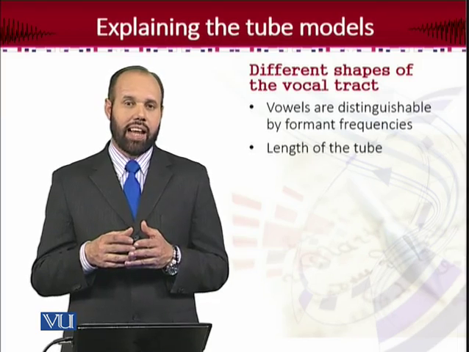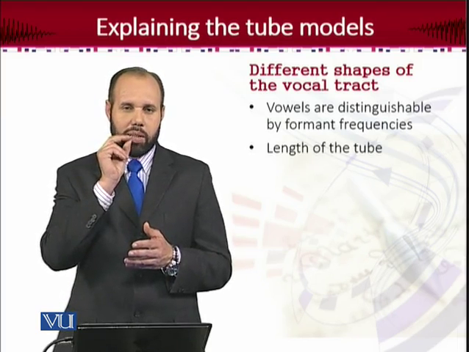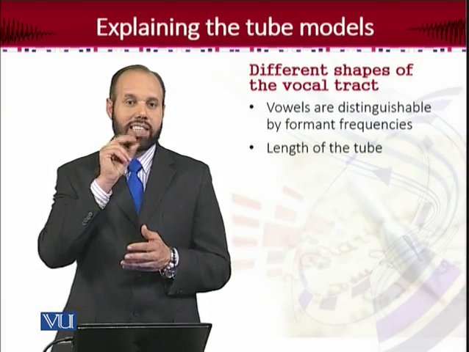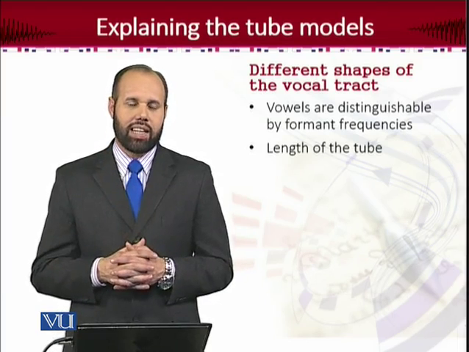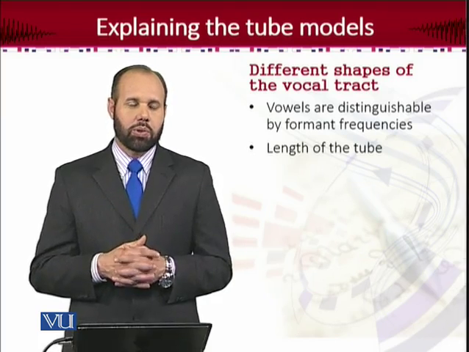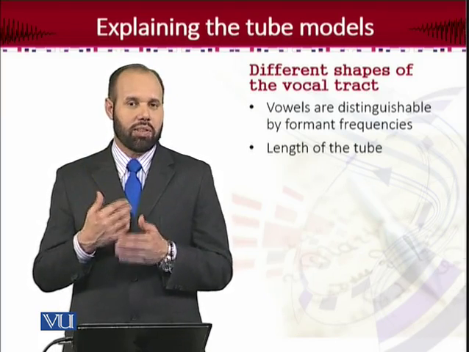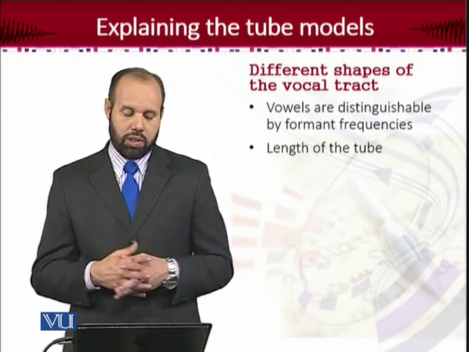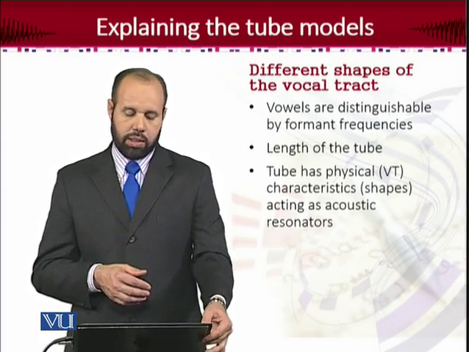And because the passage would be quite narrow, like ooh, ooh, just imagine that it would be a bit narrow. So the shape would be different, and therefore the frequencies would be different. So that's an important idea, that the length of the tube is important.